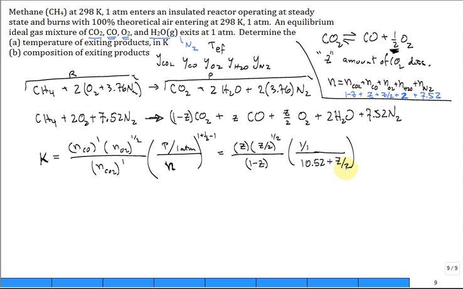That's what total N is. You okay with that? This 1 minus Z cancels with that 1 minus Z, so I have a 1 plus a 2 plus a 7.52. That gives me the 10.52. And then I have a Z over 2 left over as well. And now I raise it to the power 1/2.